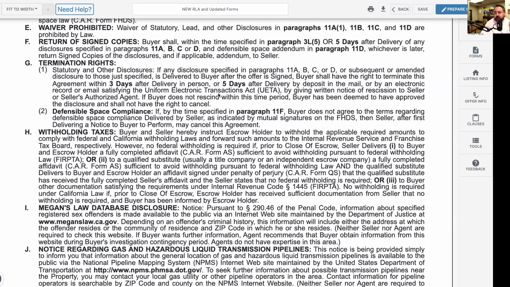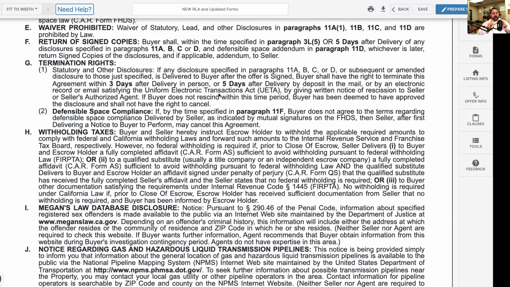With statutory disclosures, unless the seller hands them to me, like the listing agent walks up to the buyer and says, here are the disclosures by hand, there is a right of rescission for the buyer that is 5 days from delivery.